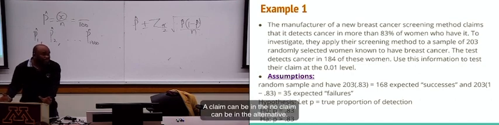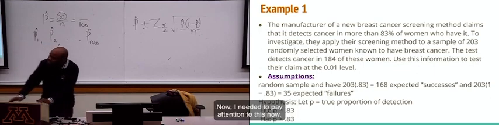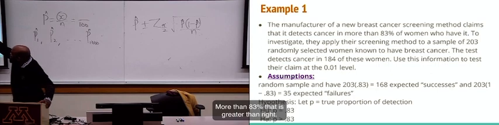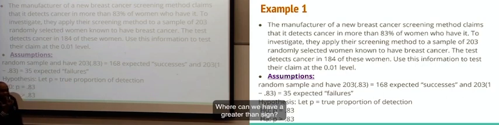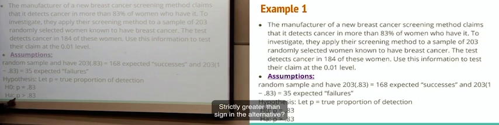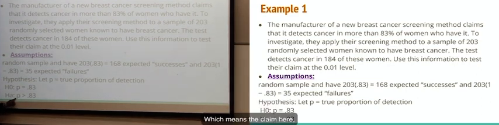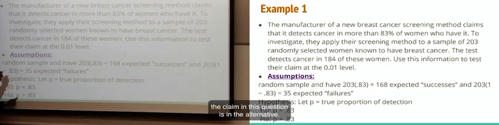Now, I need you to pay attention to this. More than 83%, that is greater than, right? And where can we have a strictly greater than sign? In the alternative, which means the claim in this question is in the alternative.